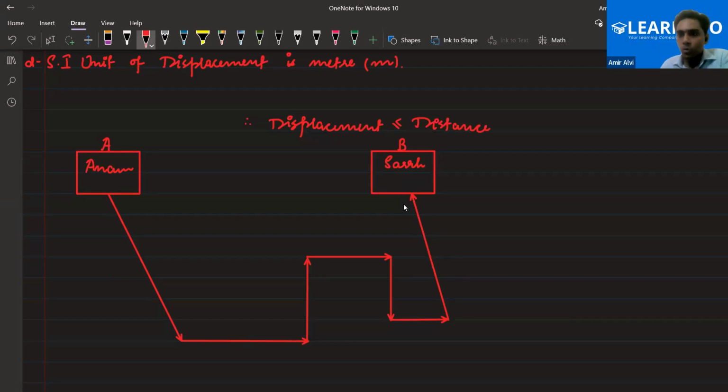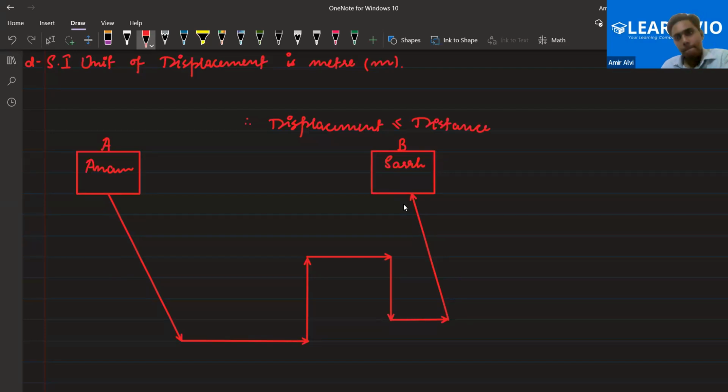Bolo ab clear hua aapko? If you have two paths, you can choose according to the length of those paths. The one which is shorter will be called displacement and the one which is longer will be called distance. But if you have only a single path, whatever that path is will behave as displacement as well as distance. Clear?